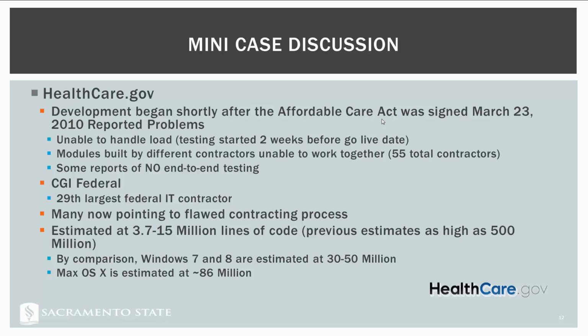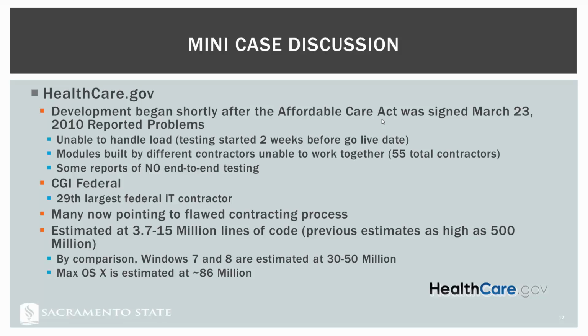But just as a comparison, Windows 7 and 8, I haven't seen an estimate on 10, are estimated to be in the 30 to 50 million lines of code range. And Mac OS X, that operating system, is estimated to be around 86 million lines of code.